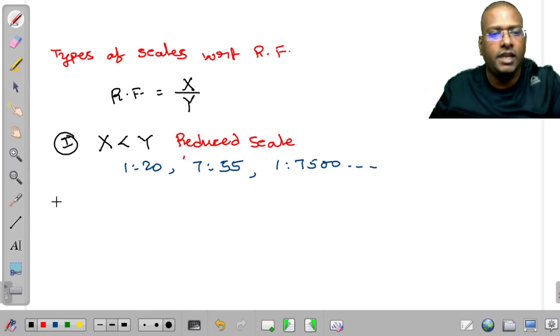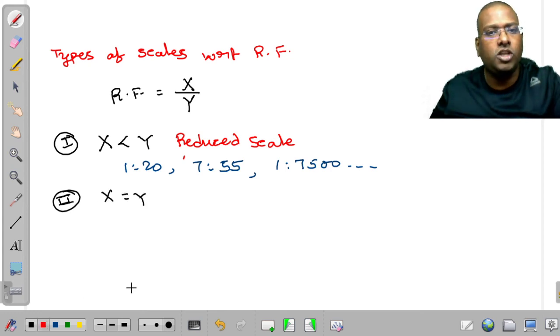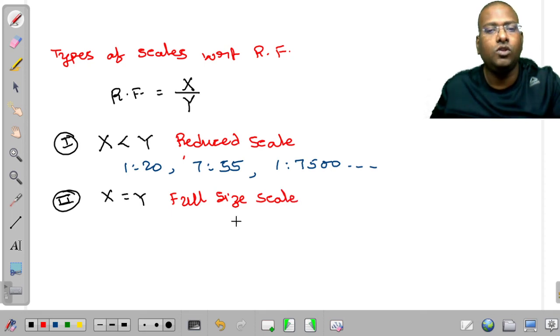Sir, what about the second case? If x is equal to y, then the same length of the object is mentioned in the drawing, and it is called full size scale or full length scale. So for this the ratio is 1:1.